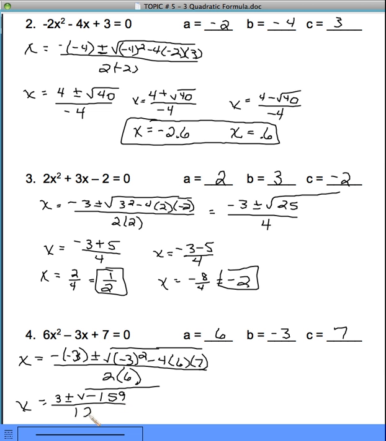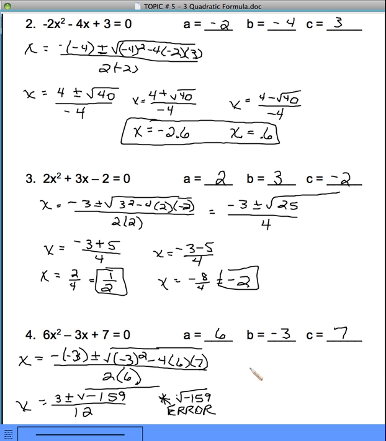Now, if you try to enter square root of negative 159 in your calculator, the square root of any negative number is going to say error. Okay, so you can't take the square root of negative 159. So what you're going to write is no solution.